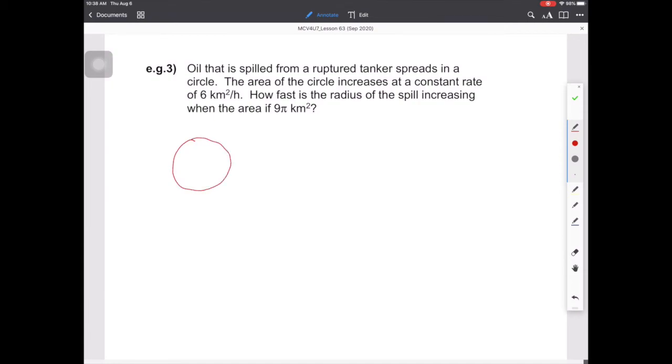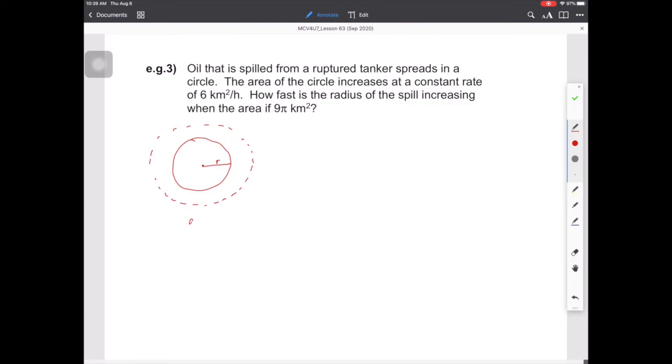So here is the circle, and oil is spreading. So basically, after a certain time, the radius of the oil spill will get longer. Okay. And then we can mark the radius on the circle like that. And the area is increasing at a constant rate.